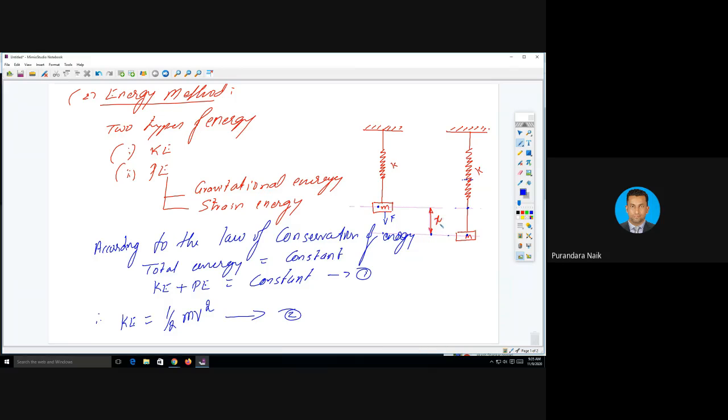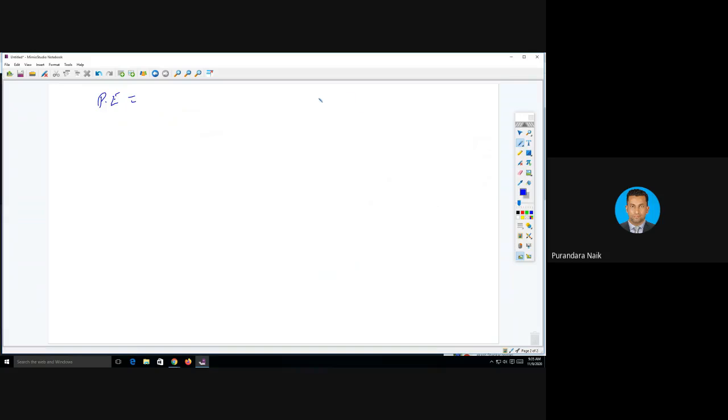Here, the x, or the displacement of the mass, depends on the applied force, right? As you increase the load, the displacement or the deflection also increases. If you draw the curve, so I'm going to draw the graph, deflection or displacement versus force.